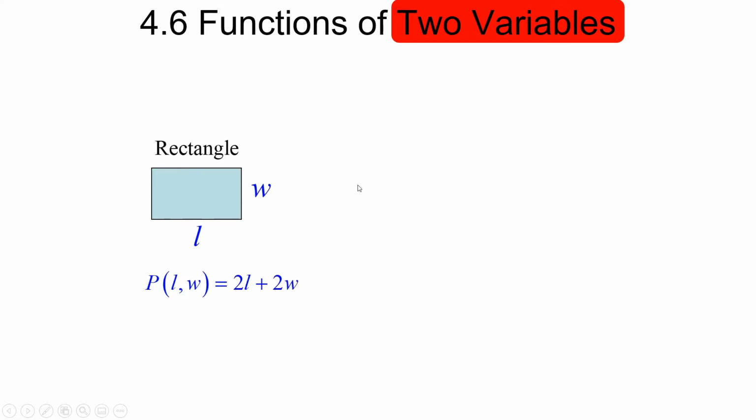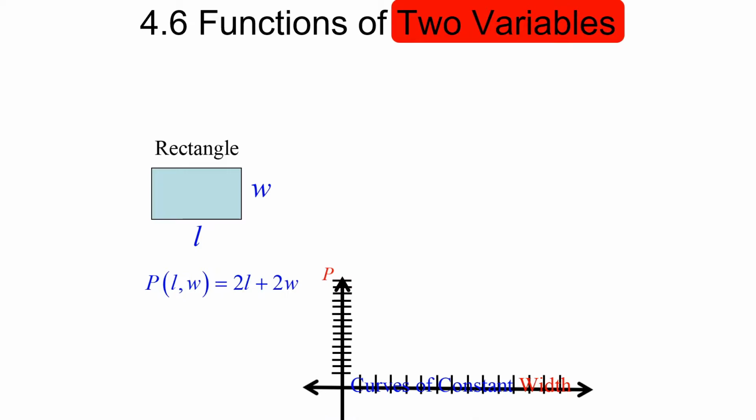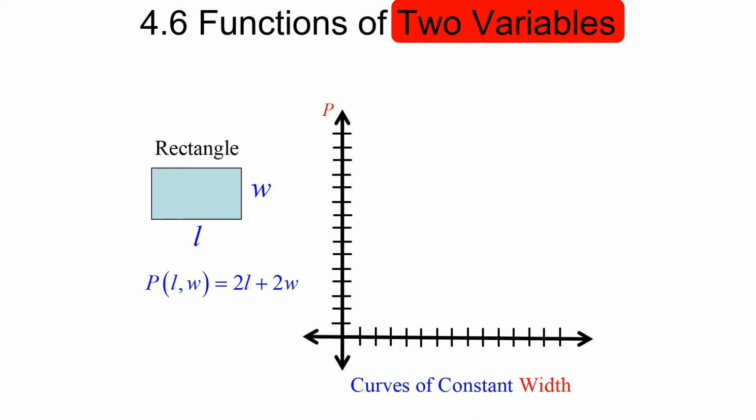And there's my function, perimeter in terms of length and width, and that equals 2 times the length plus 2 times the width. Now, we're going to graph this function in two variables on a coordinate plane with just two dimensions. So we're going to start by doing curves of constant width. And what does that mean?